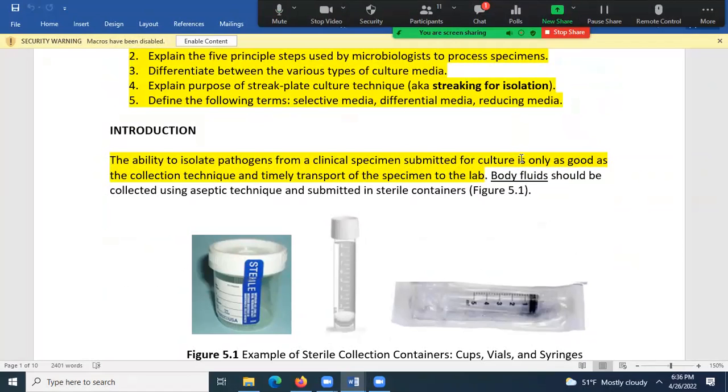Introduction. The ability to isolate pathogens from a clinical specimen submitted for culture is only as good as the collection technique and the timely transport of the specimen to the lab. If it isn't collected appropriately, you may not get the specimen, or it may be contaminated with other cultures. And if it isn't transported appropriately and quickly to the lab, you may not be able to get the pathogen to grow.